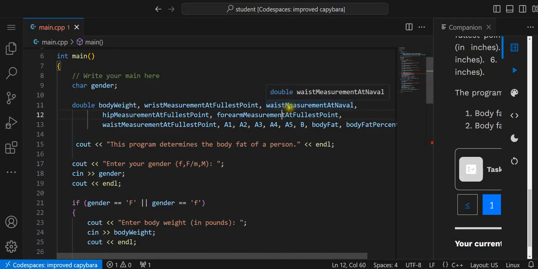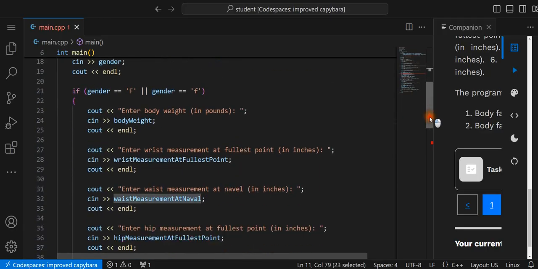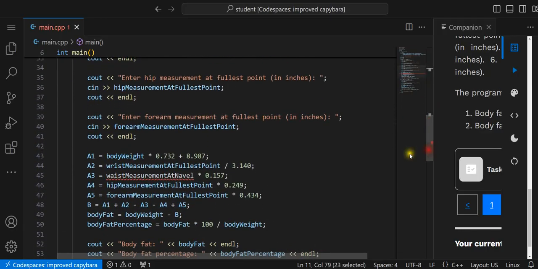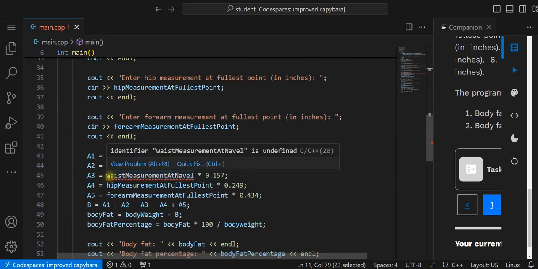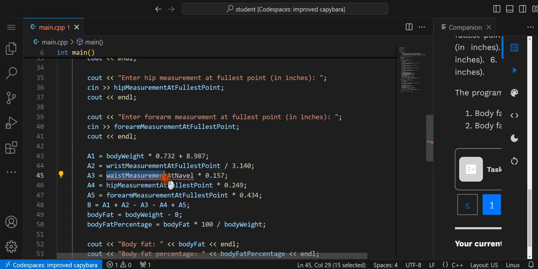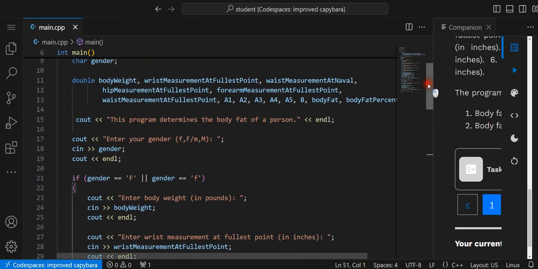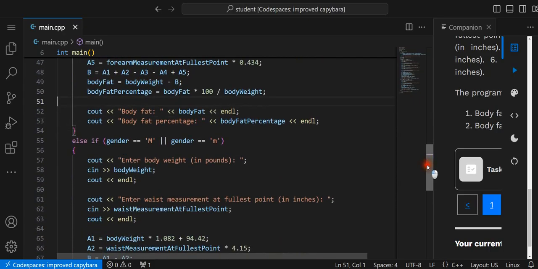I'm not seeing it. If somebody sees what I was doing wrong on that one, please let me know.